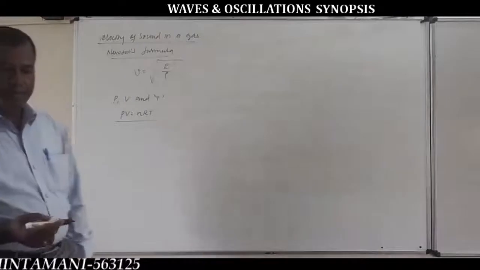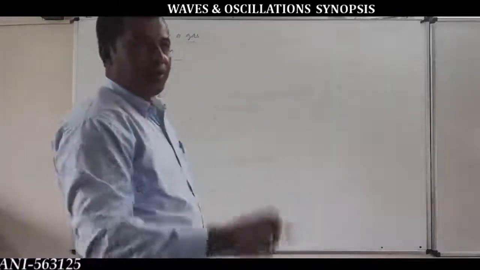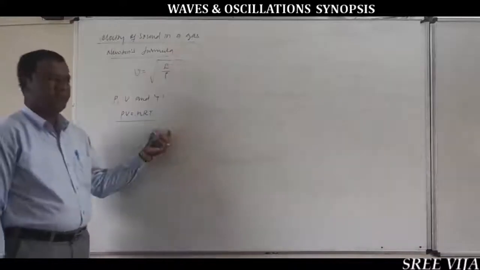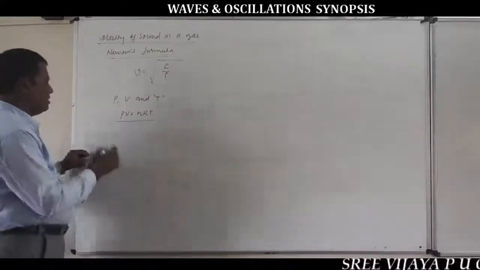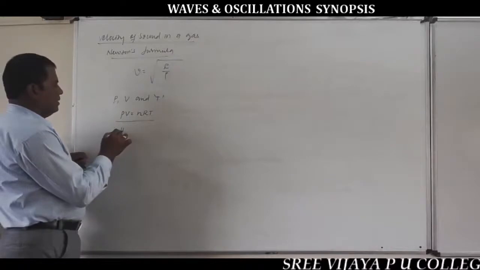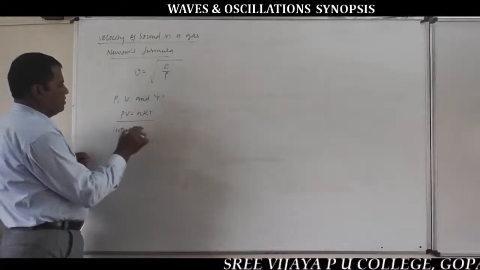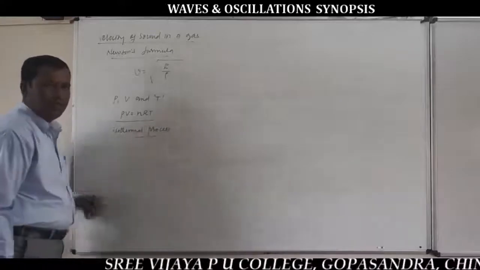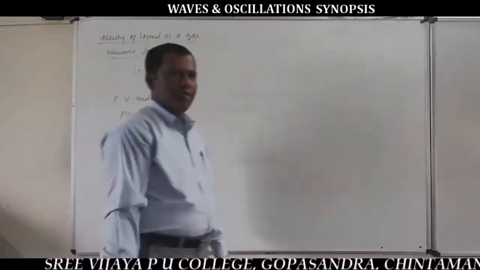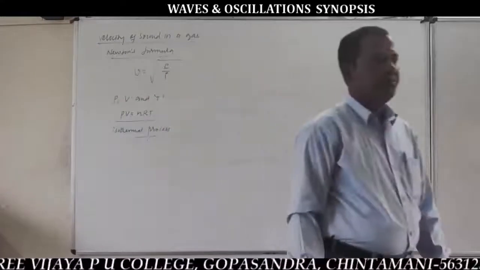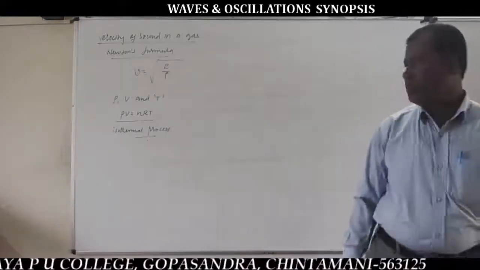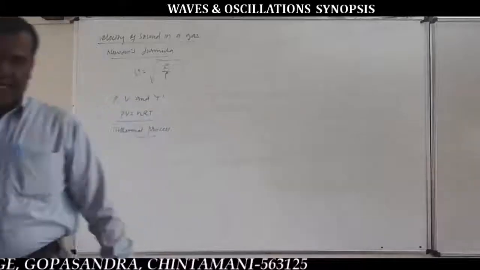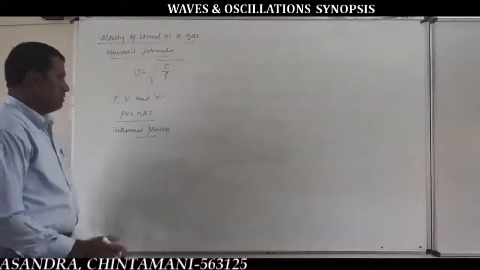According to Newton, the propagation of sound in a gaseous medium takes place at constant temperature. That is, it is an isothermal process. So Newton argued that the propagation of sound in a gaseous medium is an isothermal process, that is, it takes place at constant temperature.